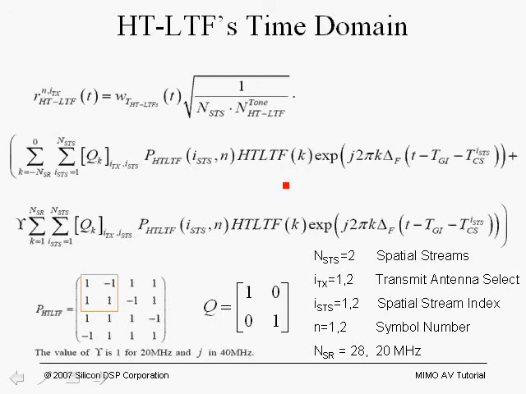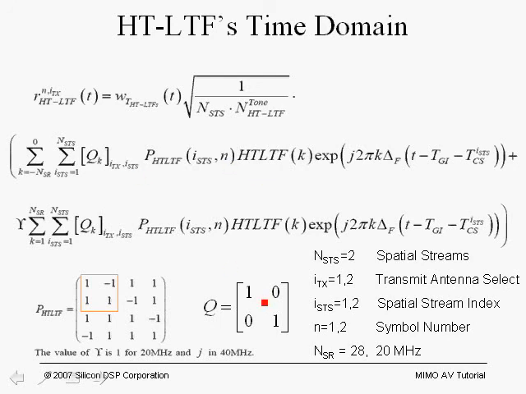So this equation is not that complicated once we understand what's going on. Basically, we're generating 2 symbols, one at index n equals 1 and one at index n equals 2. That's indicated by these 2 terms right here. Secondly, we have the P matrix here, which is very important in order to achieve orthogonality. Its elements are picked out of the subset of the P matrix shown over here, based on the index for the spatial stream and the symbol number.